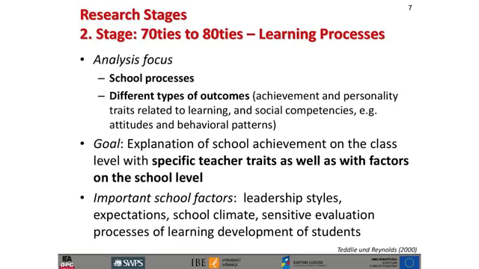Important school factors that were found at that stage were leadership styles, expectations, school climate, and sensitive evaluation processes of the learning development of students. The methodological developments at that stage started from case studies, but later they became more quantitative studies.